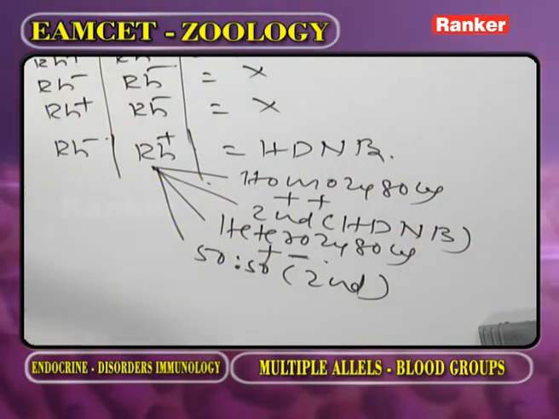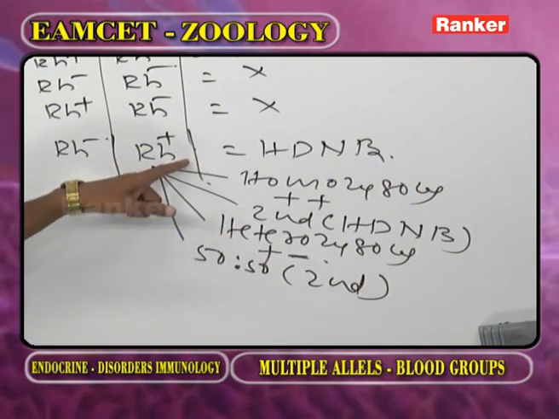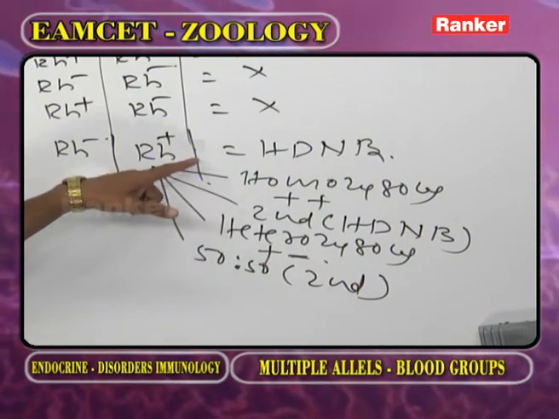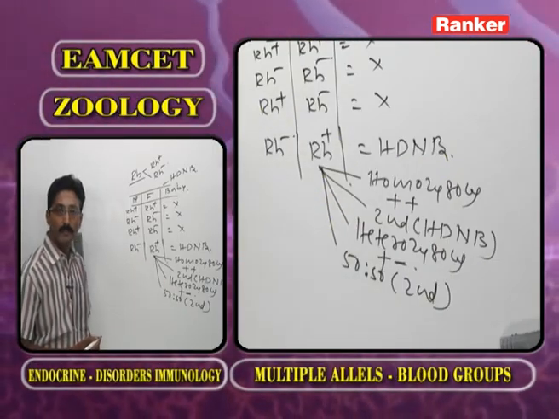The second baby dies. If the father is heterozygous for Rh antigen, there is a 50-50 chance of HDNB to the second child. The second baby may or may not get HDNB.